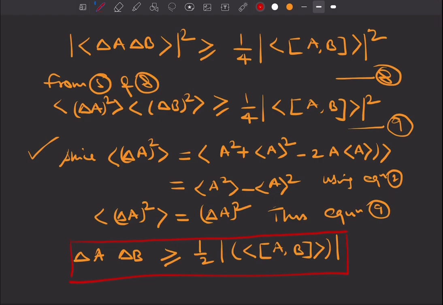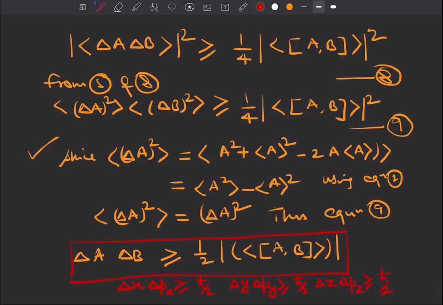This uncertainty relation plays an important role in the formalism of quantum mechanics, and its application to position and momentum operators leads to the Heisenberg uncertainty relationship delta x into delta px greater than or equal to h cross by 2, and delta y into delta py is greater than or equal to h cross by 2, and delta z into delta pz is greater than or equal to h cross by 2.